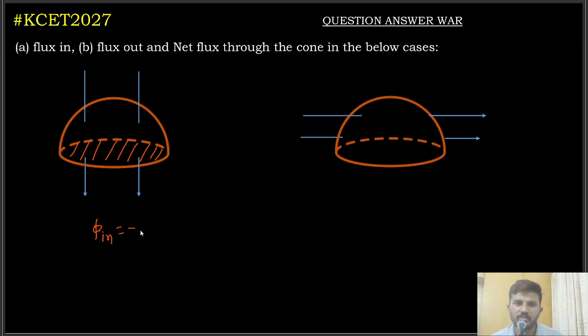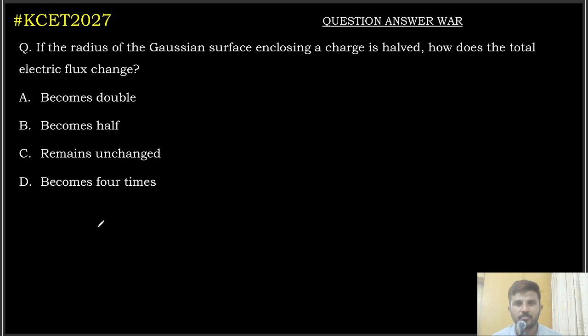Flux out is the same answer with positive sign, E into pi r square, and the net flux is 0. Similarly, you try solving this. If you get an answer, please text it in the comment section. Okay, shall I move on to the next one?